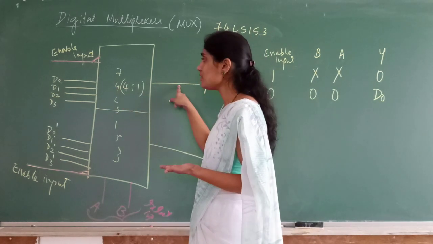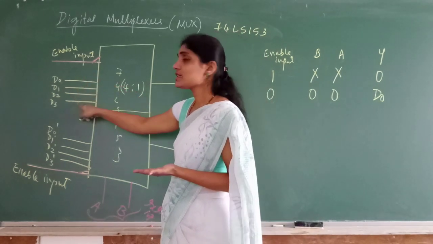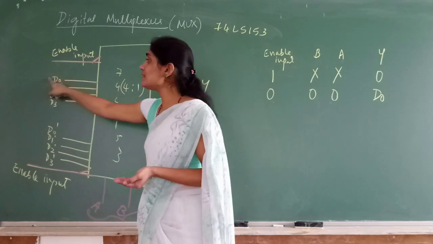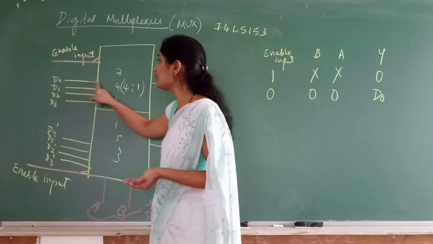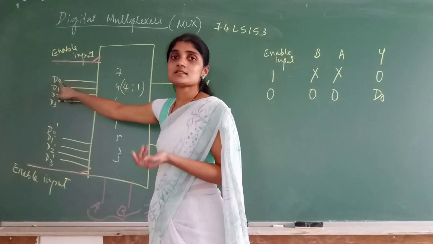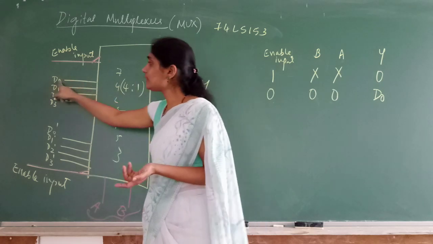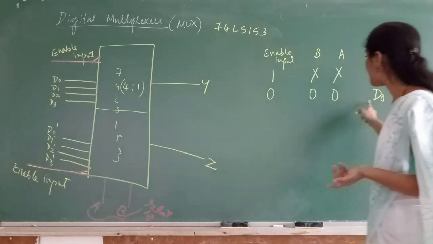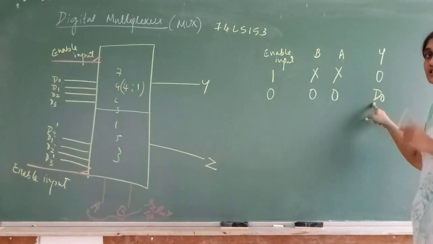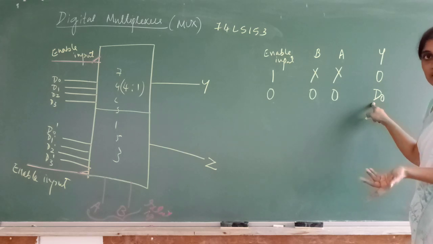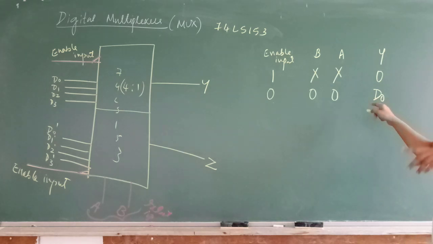A multiplexer selects 1 out of n input lines using the select inputs, so that the logical value of that input is transferred to the output. If you connect D naught as 0, you get 0. If you connect D naught as 1, the output will be 1. So in your truth table, you write D naught, not 0 or 1, since it depends on what inputs we connect.